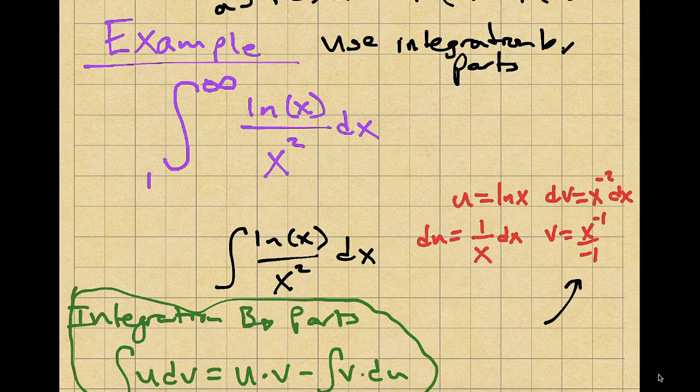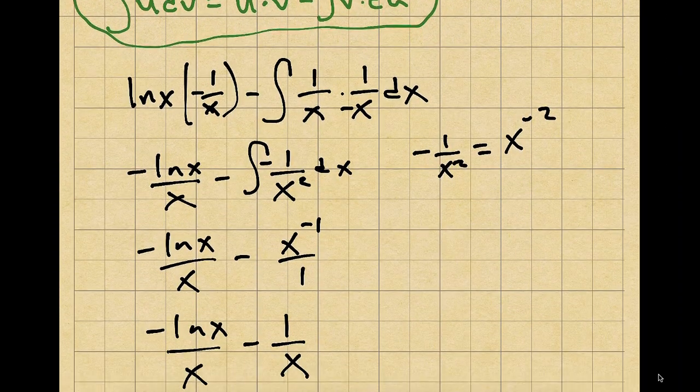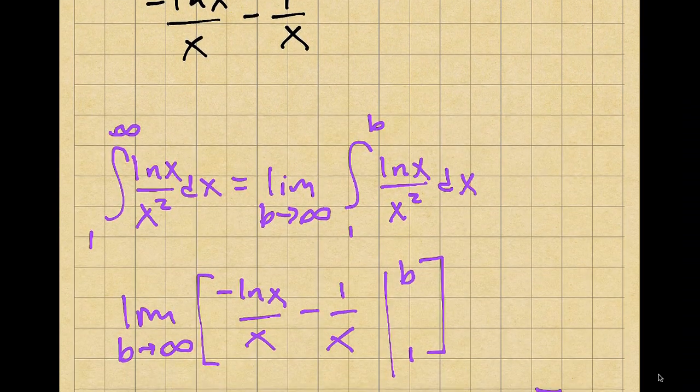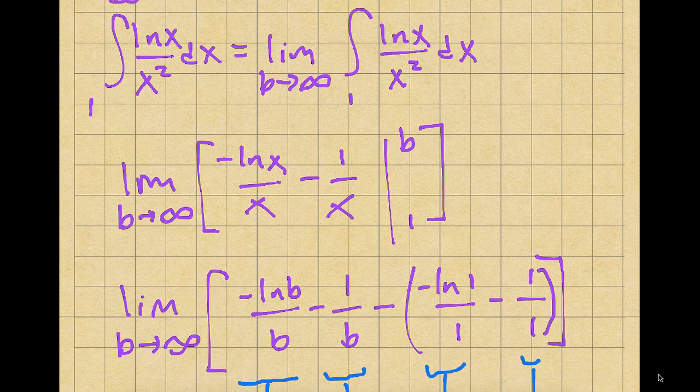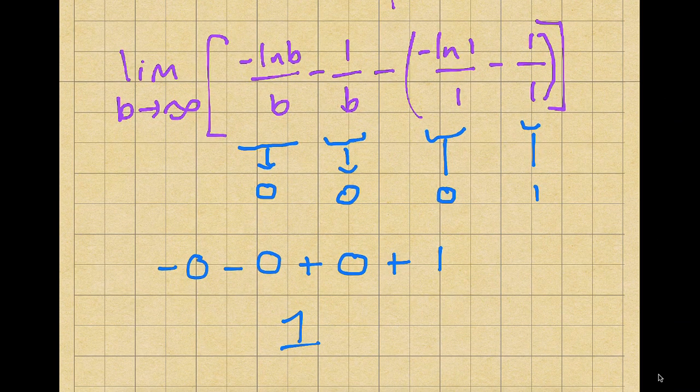Remembering what integration by parts was, there's the original problem. Here's what it looks like when you do integration by parts. Here's what it looks like when you substitute it in using a limit. And then this is when you evaluate the limit.